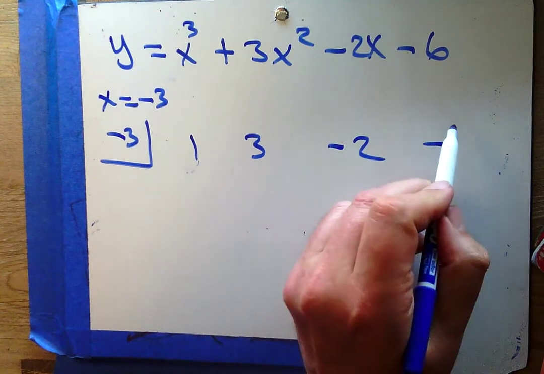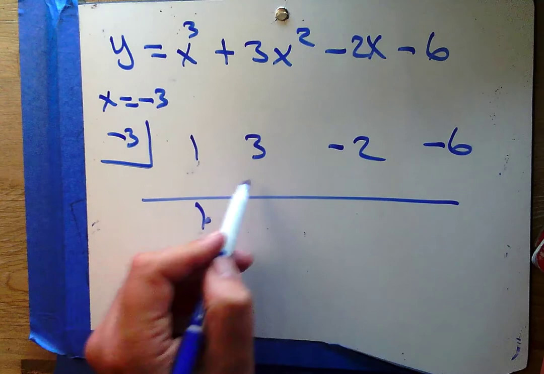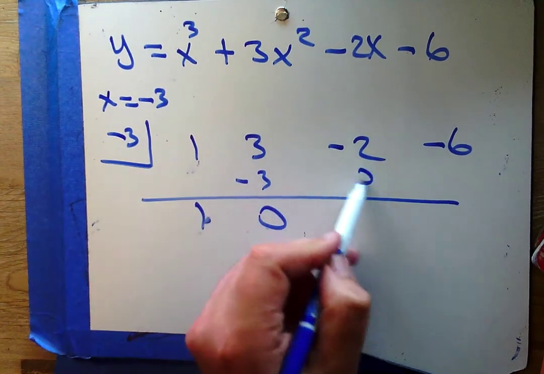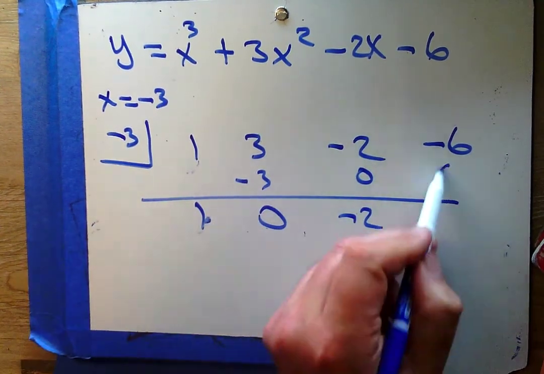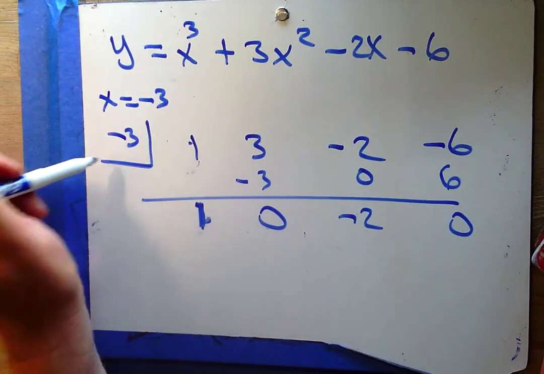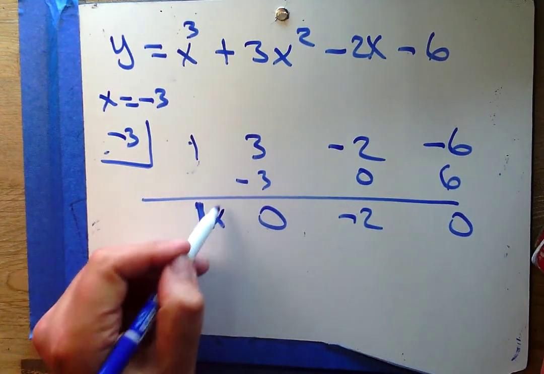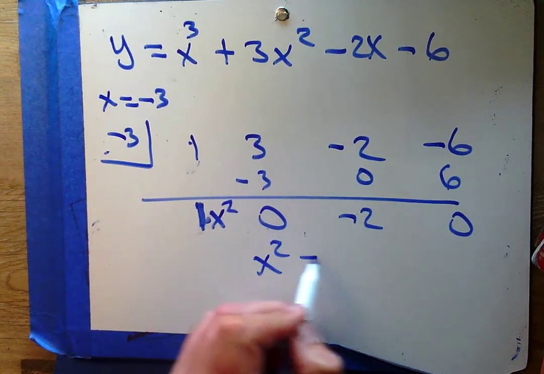-2, -6. So we've got that 1, and then we multiply, and we get a 0, we get 0, and -2, and a positive 6, and a 0. Remember, this was x to the third. We divided by x plus 3, and now we're at x squared. And so we're looking at this polynomial.